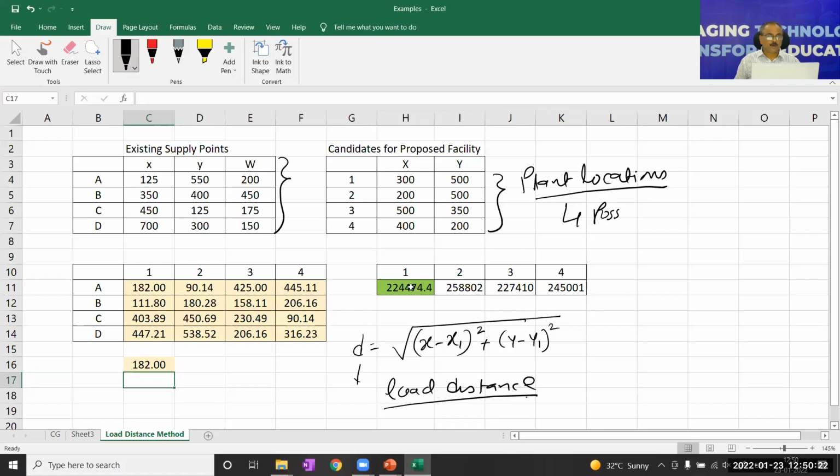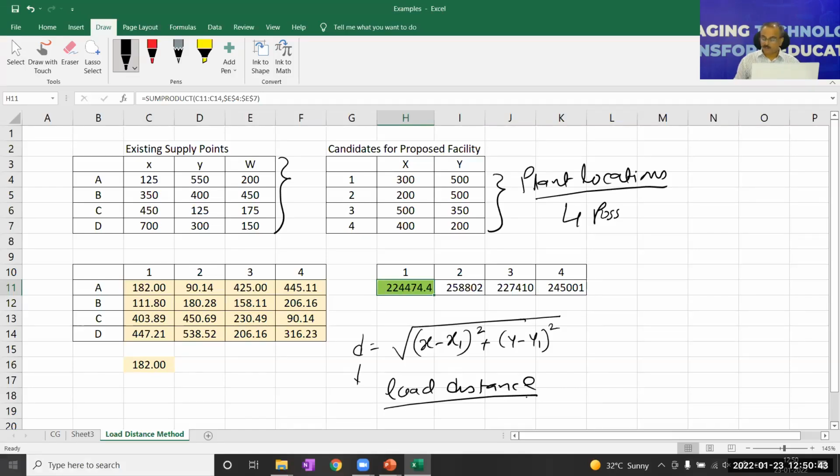For example, for location 1, the total load distance is equal to these particular weights multiplied by these values. So it's a sum product, and the total comes to this value.